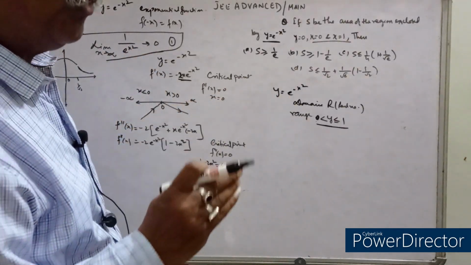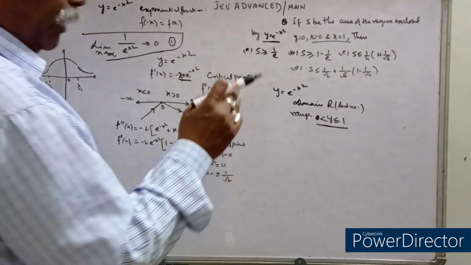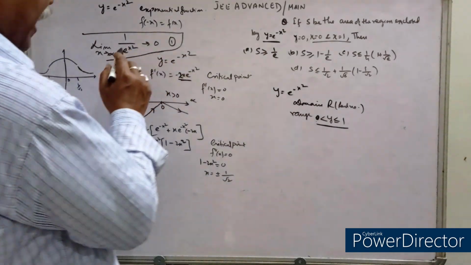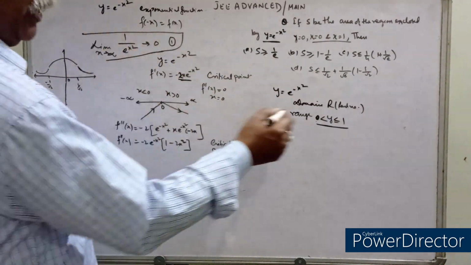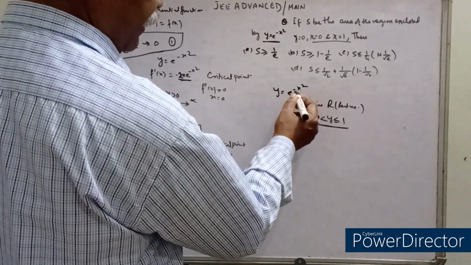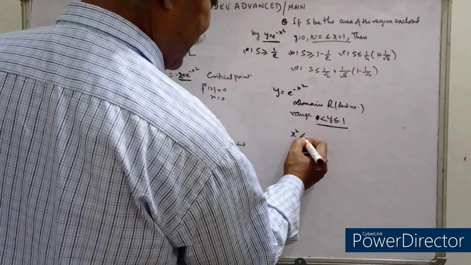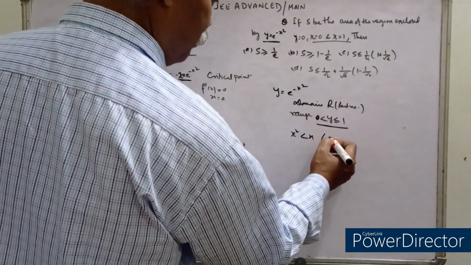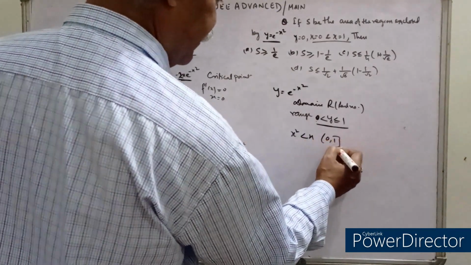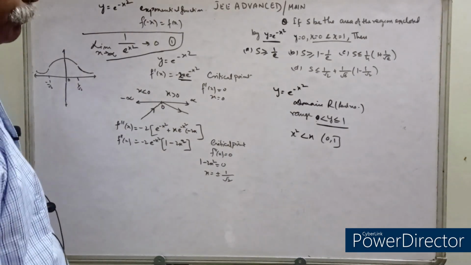That means there is no x intercept, but you have a y intercept, that is at x equal to 0 you have 1, so your range is this. So in this range 0 to 1, your x square is less than x.